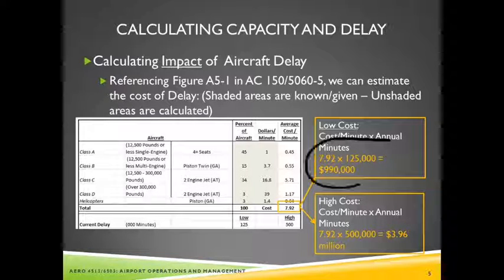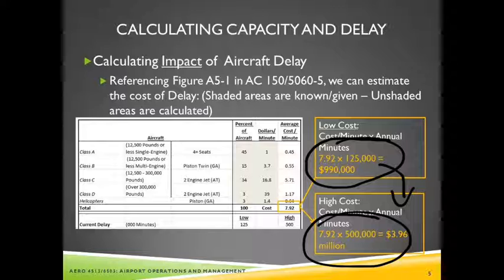So $7.92 times 125,000 gives us almost $1 million of delay as a minimum, up to a cost of just under $4 million. So between $1 and $4 million annually is what our airport configuration, our capacity, is going to be costing in delay minutes.